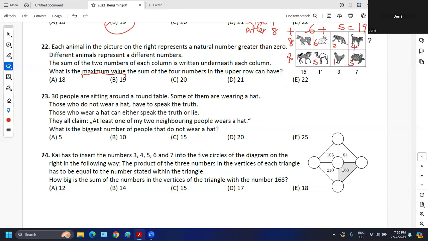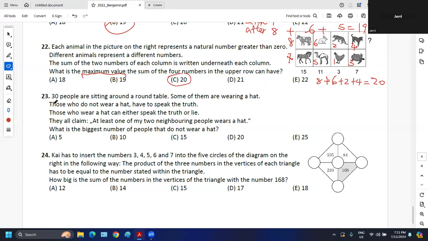So now we can add them together: 8 plus 6 plus 2 plus 4, and that equals 20. So C would be the answer.